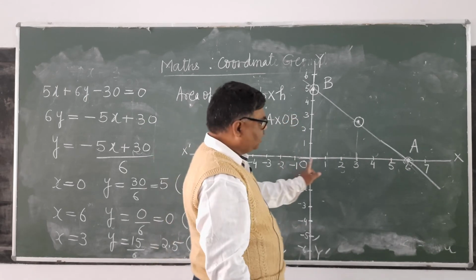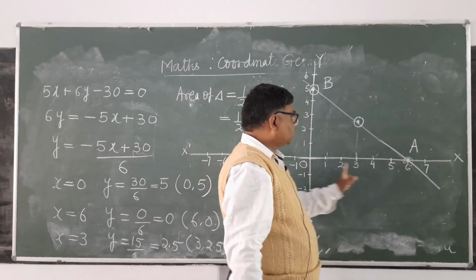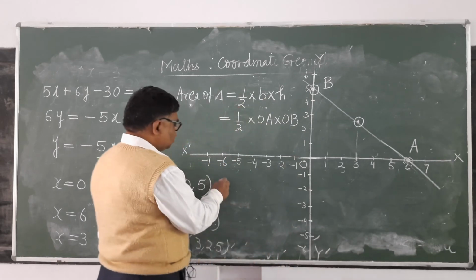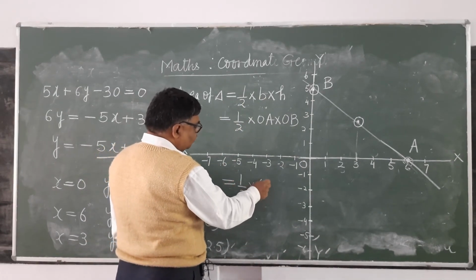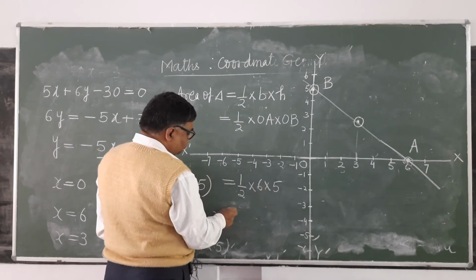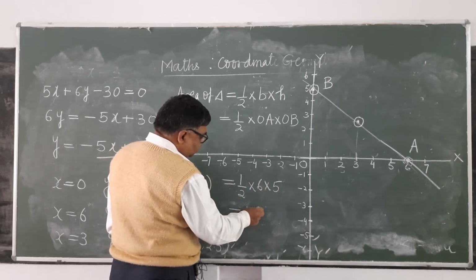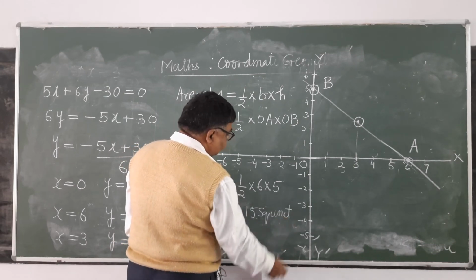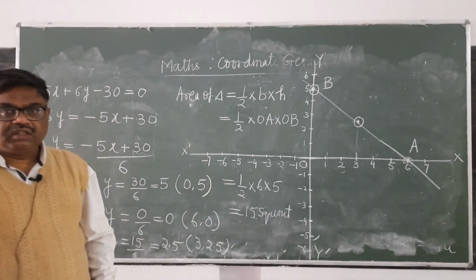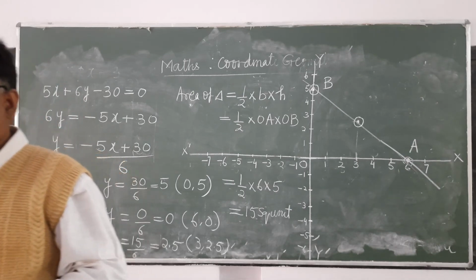What is OA here? 6. What is OB? 5 unit. So it will be 1 upon 2, 6 into 5, 30 upon 2, that is 15 square unit. This way you can do.